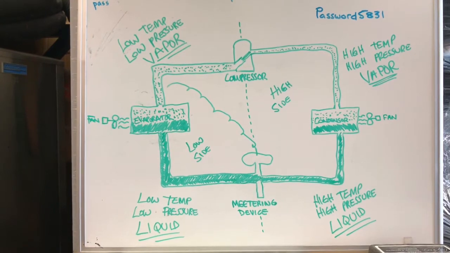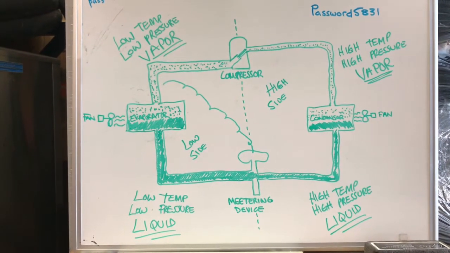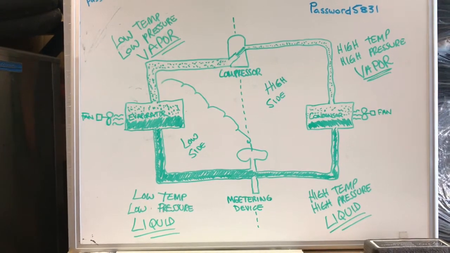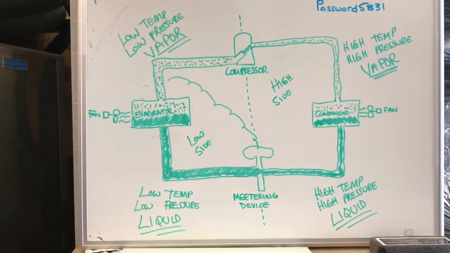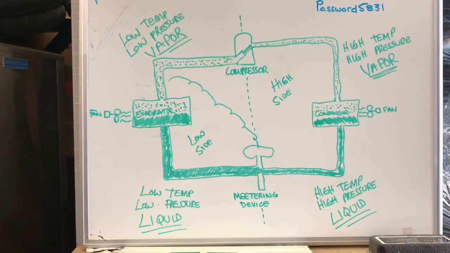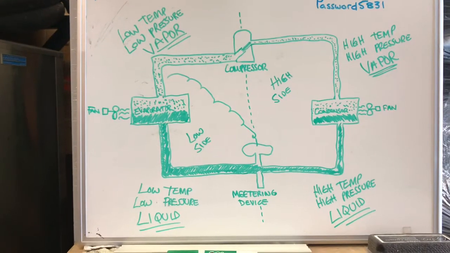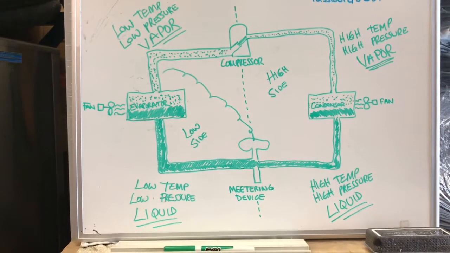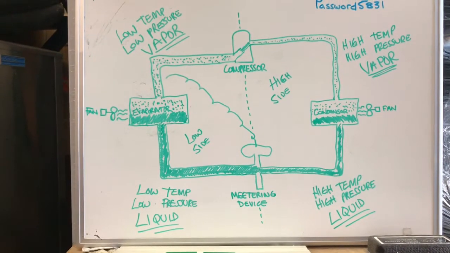Now in this case, the metering device I've got drawn on there, although it's a really crappy drawing, it's a TXV, or an expansion valve. So that liquid refrigerant gets to that expansion valve, and that metering device allows a certain amount of refrigerant to come through, number one, and number two, it goes from a smaller space to a larger space.